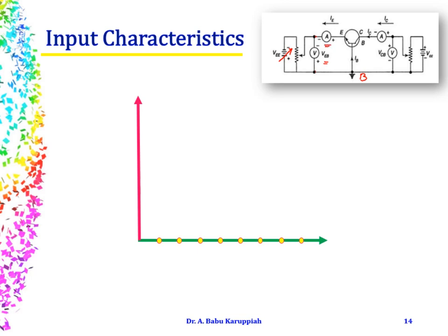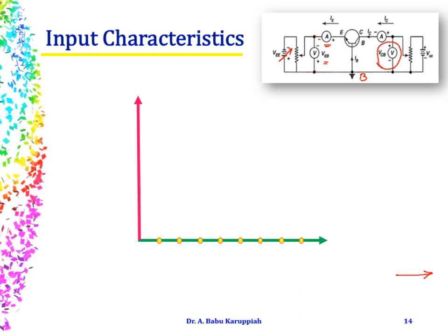So the input voltage is VEB and the input current is your emitter current. And what are we going to do to understand the input characteristics? We change the input voltage and we note down the corresponding input current, keeping this output voltage constant.